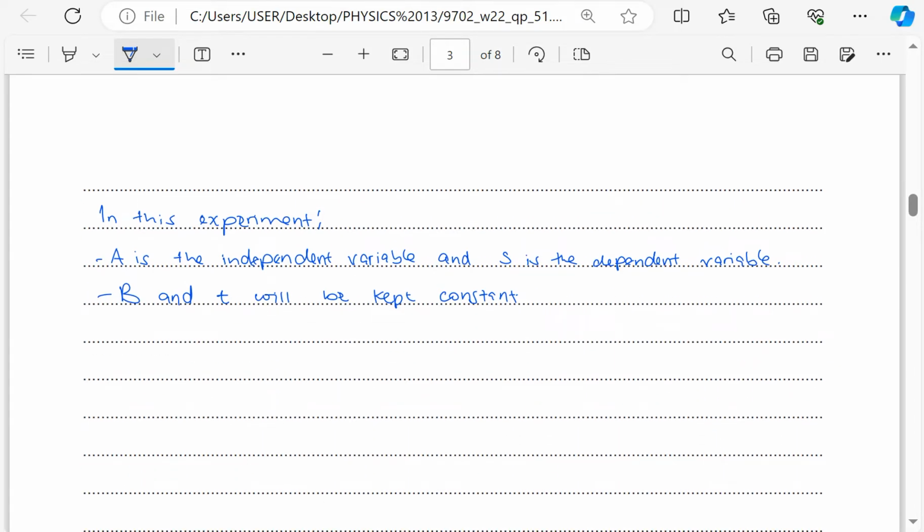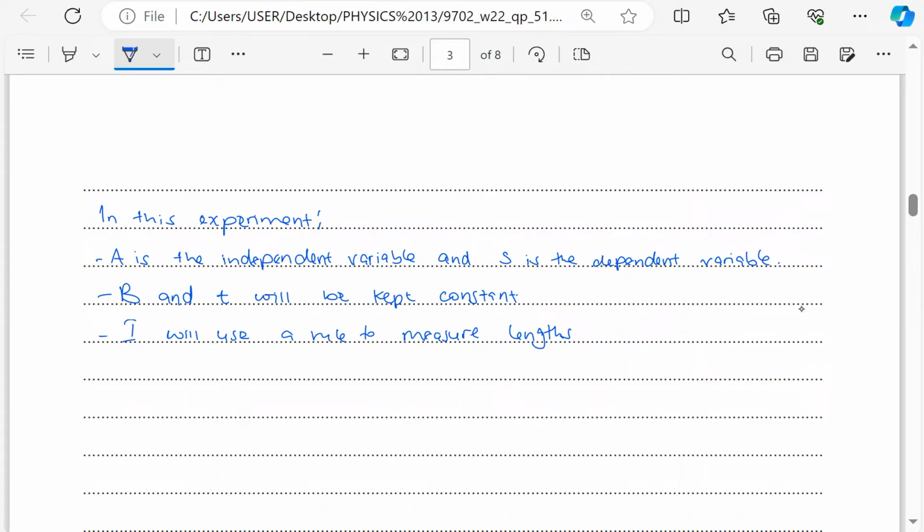Then of course the measurements to be taken, I'll measure the area. Of course I need to measure the area, so I will use a ruler to measure the length. I'm saying length because it is length times the breadth.